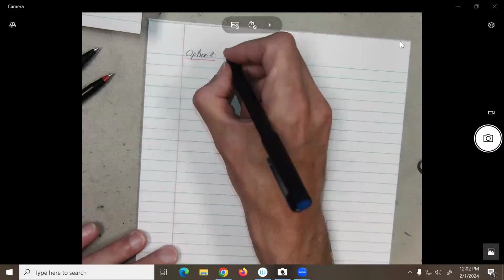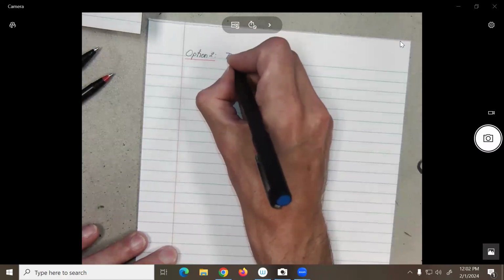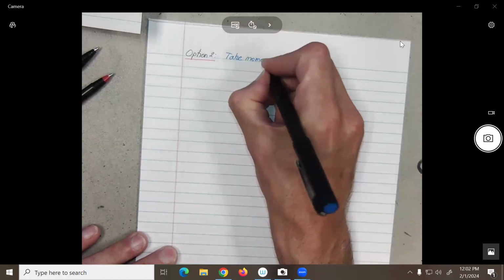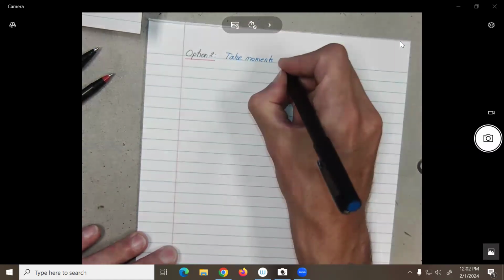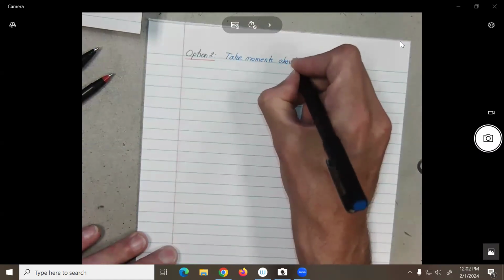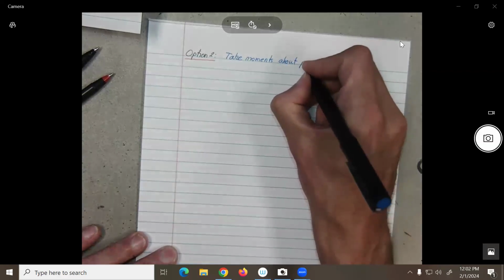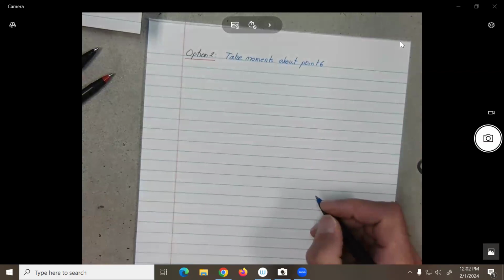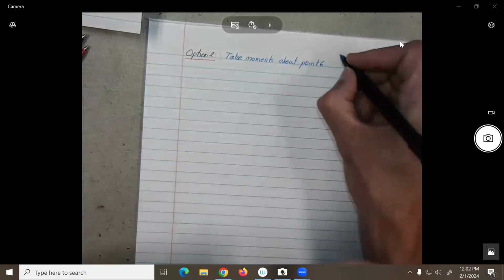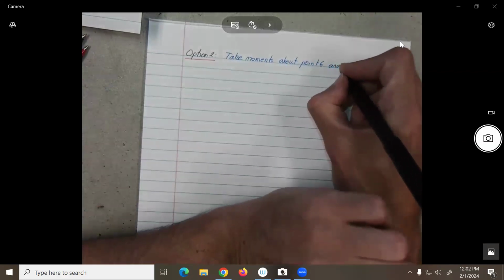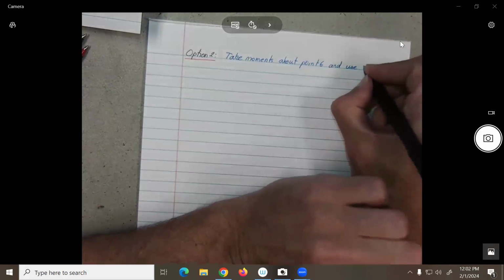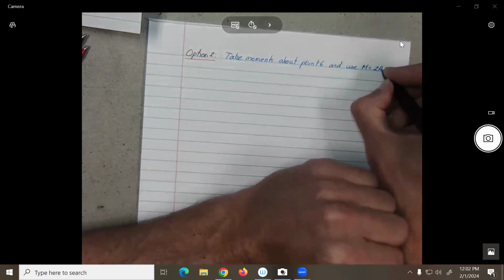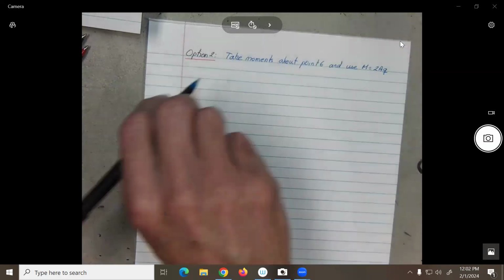Okay, so option 2 is going to be take moments about point 6 and use the expression we just derived today, m equals to AQ.